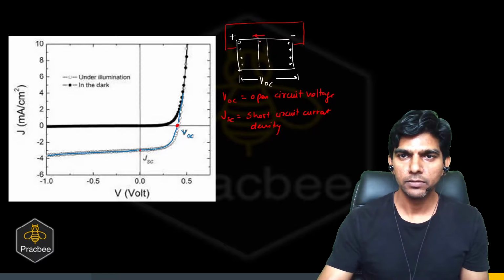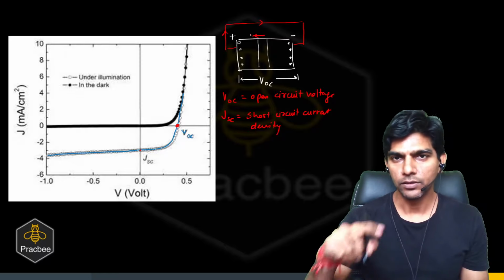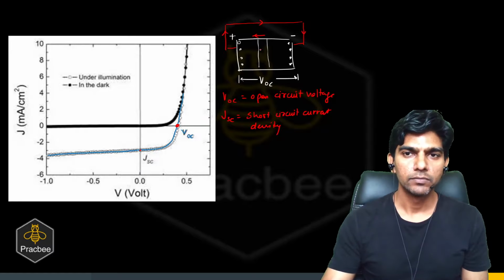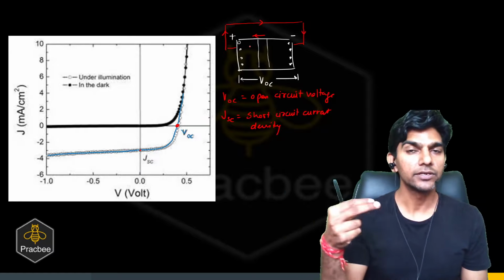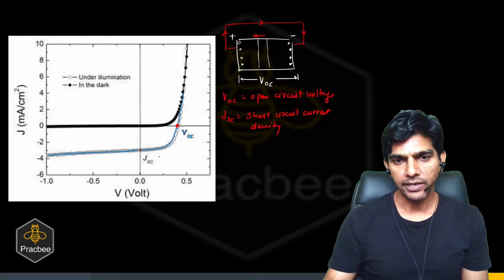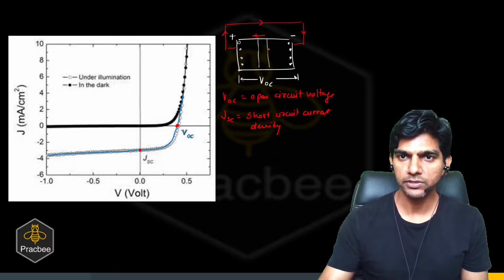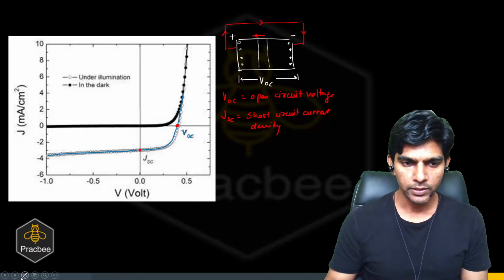There will be a current like this, in the clockwise direction, and since this current is in the direction of the reverse biasing current, that's why it is on the negative y-axis.